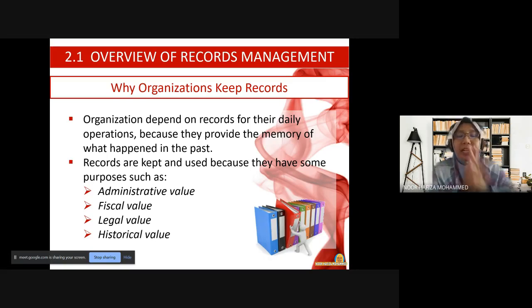Records are kept and used because they have some purposes. The organization keeps records because of the administrative value, fiscal value, legal value, and also the historical value. So when people ask you why an organization keeps records, the answer is administrative value, fiscal value, legal value, and historical value.